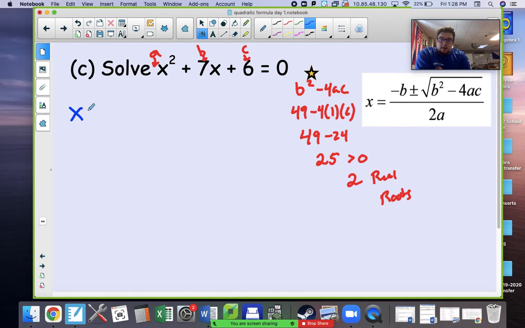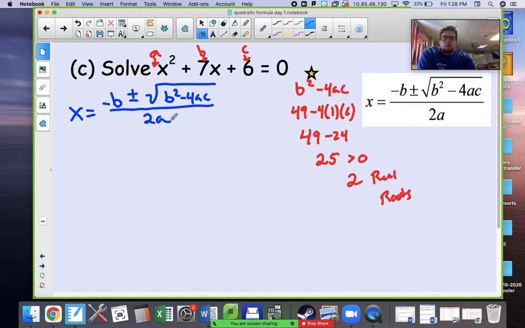So we're going to go x is equal to negative b plus or minus the square root b squared minus 4ac all over 2a. And we're going to plug in for a, we're going to plug in for b, we're going to plug in for c. B is 7. I need negative b.